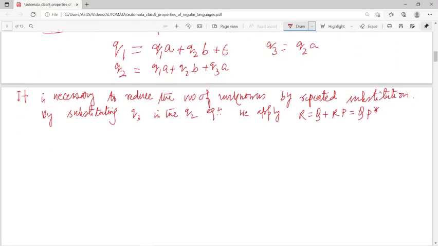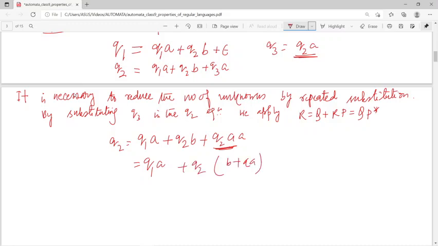Then we will get Q2 equals Q1a plus Q2b, and we can replace Q2a in place of Q3, so it is Q1a plus Q2b plus Q2aa. If it is Q plus RP, you just see Q plus RP, then you can write QP star.